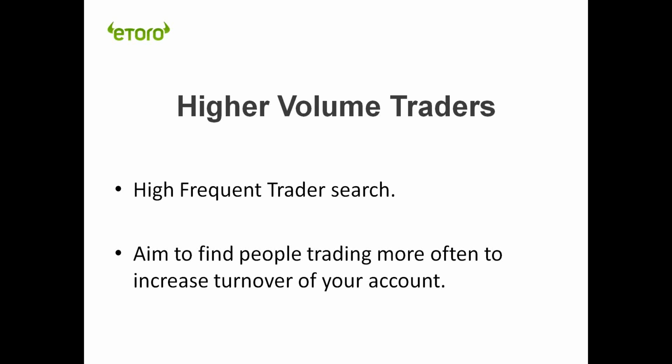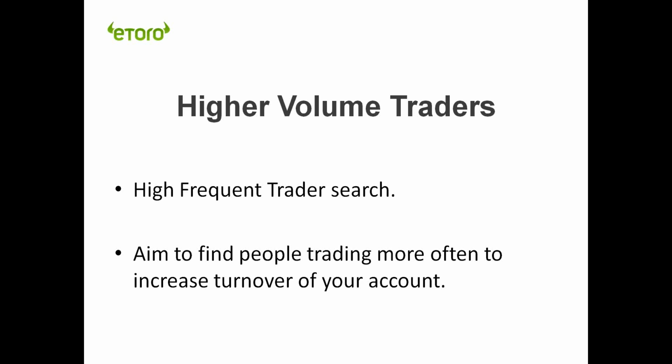So you can still keep them as low risk, but we want them to have, here we're going to be looking for more than 100 trades. Because if somebody's doing 1 to 2% of their account but continually turns it over, you can still get extremely good returns following that person.